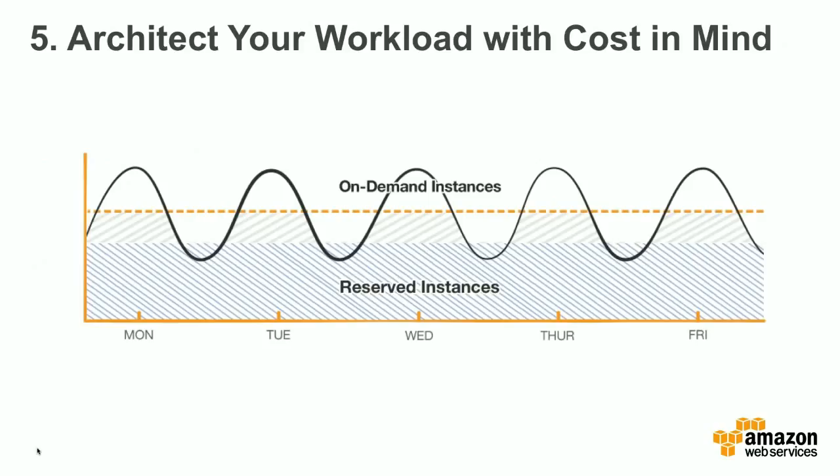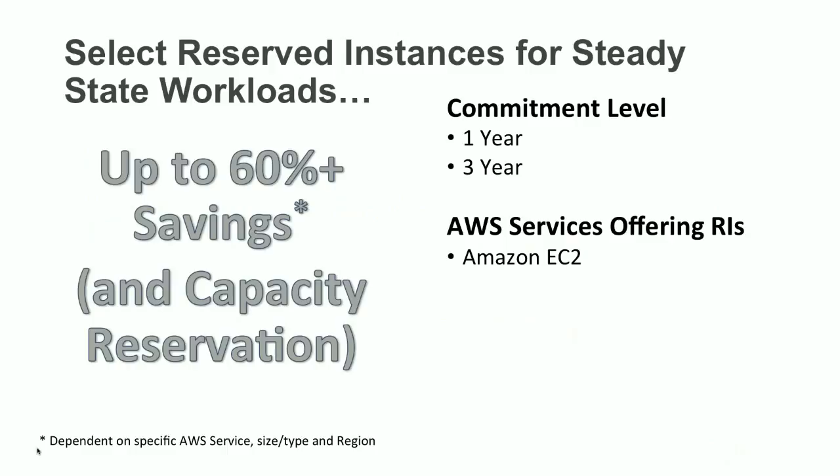What that basically means is you're paying a specific price point per hour for that instance as advertised on our website. This is typically the highest cost you can pay for a particular instance in that region, and it is that higher cost because it allows you to provision an instance whenever you need it. And so what we can do instead is use a reserved instance billing model.